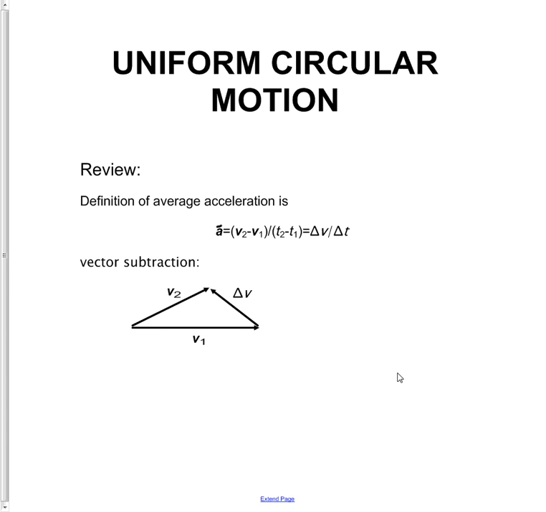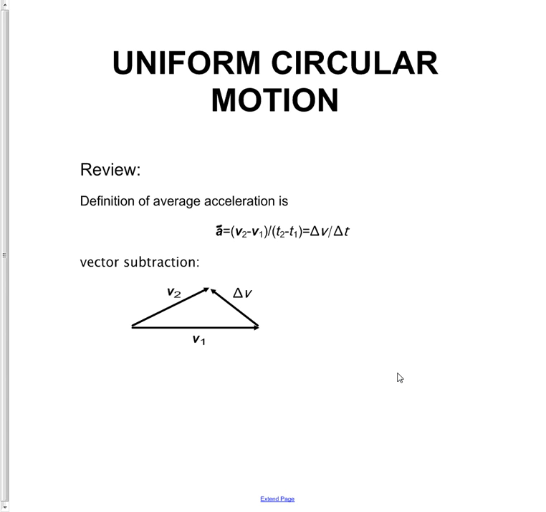So there are two ways that acceleration can happen. One way is you can change the magnitude of the velocity vector. That's changing the speed. And the other is you can change the direction of the velocity vector. And that's what's happening in uniform circular motion. The direction is the only thing that's changing.